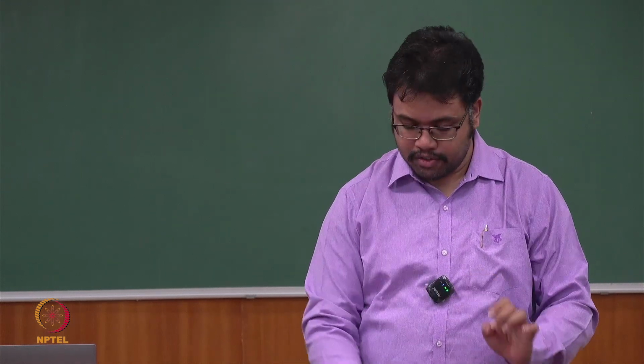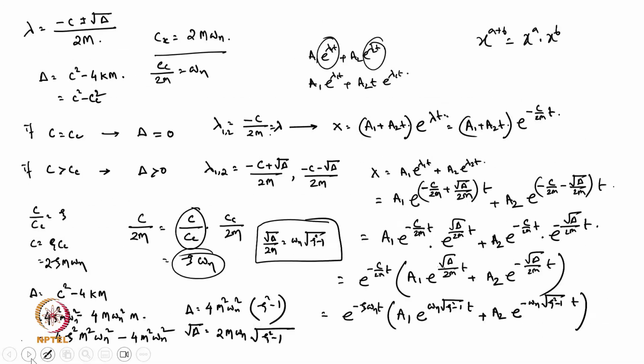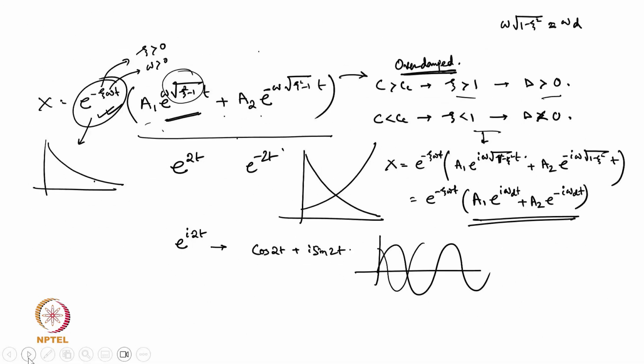So I will try to write both so that we can easily compare the two. That is the undamped solution, x undamped, that was a1 e to the power of i omega t plus a2 e to the power of minus i omega t.